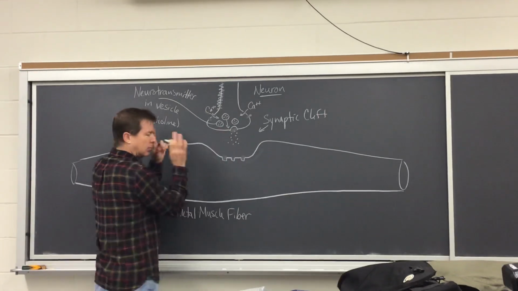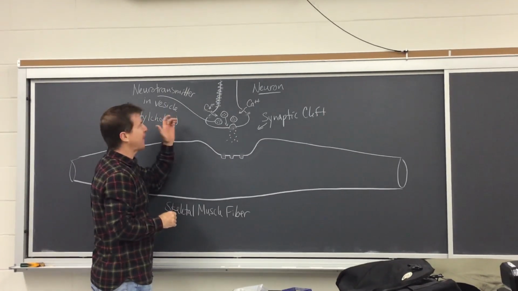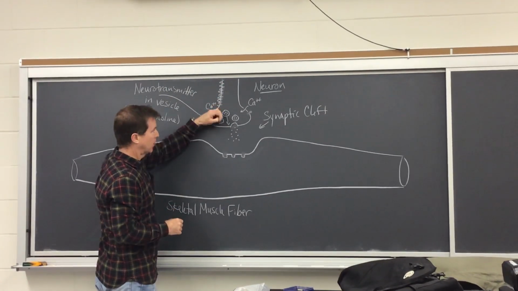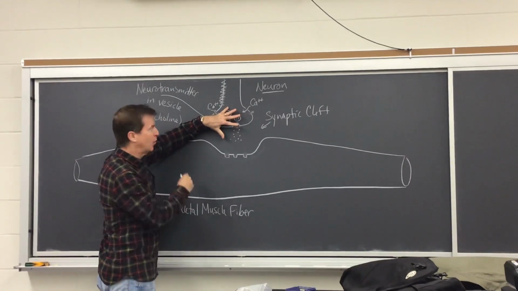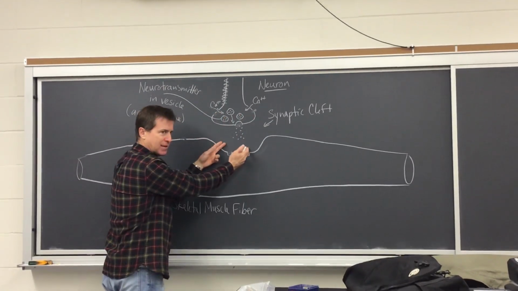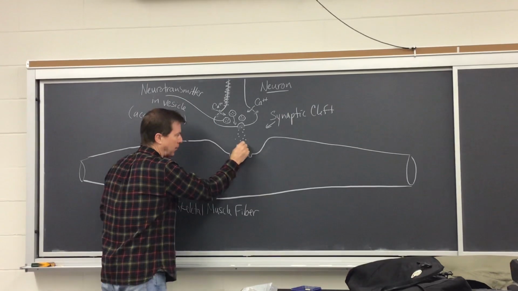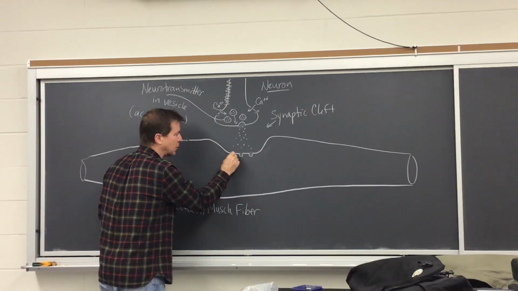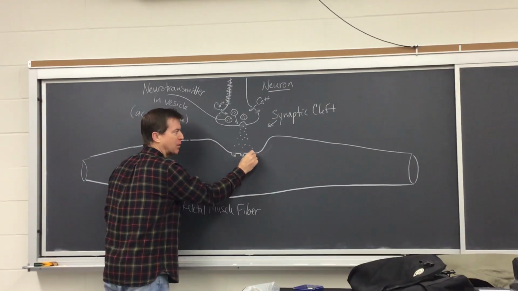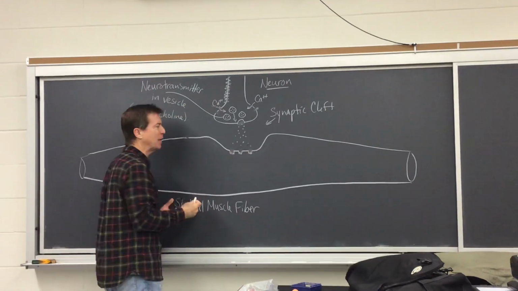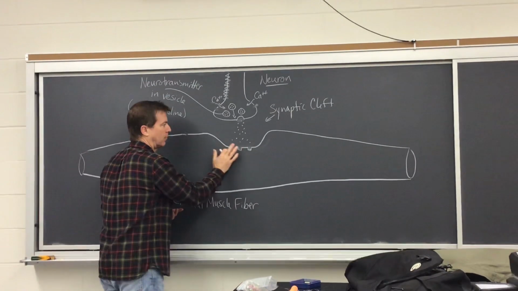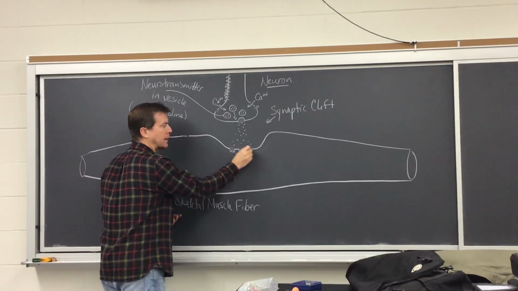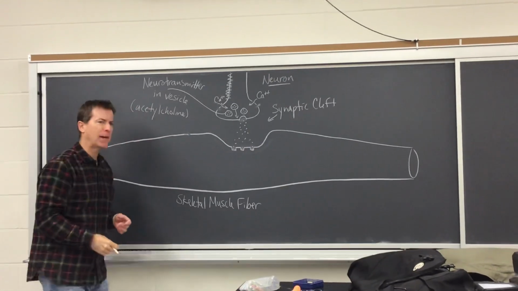So, just to review really quickly in 10 seconds: electrical stimulus, release of the chemical acetylcholine, which diffuses across the synaptic cleft. This chemical then binds to these receptors on the motor end plate. So now we have chemical binding to receptors on the motor end plate.